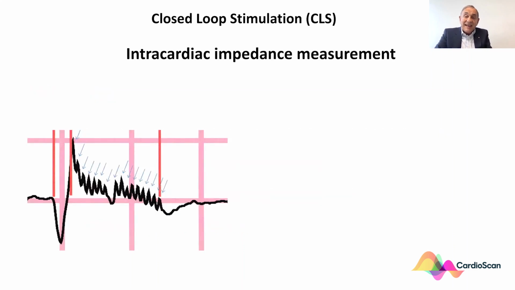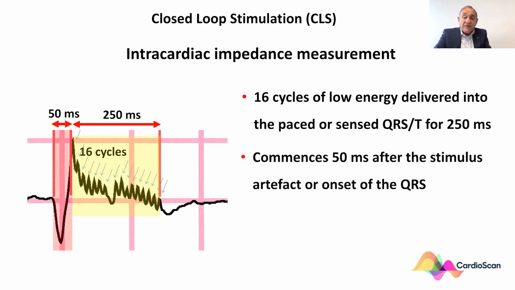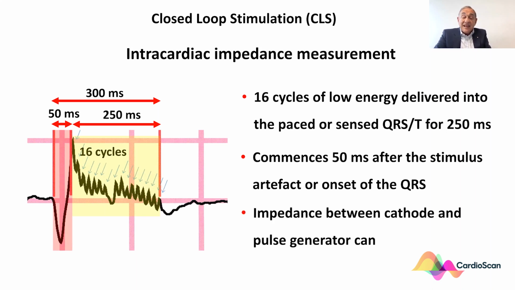It does this by again passing small numbers of subthreshold stimuli, but this time into the QRS. There are 16 cycles of this low energy, and it goes for 250 milliseconds and starts 50 milliseconds after the stimulus artifact or the onset of the QRS. It therefore goes for 300 milliseconds. The impedance is measured between the cathode and the pulse generator can.